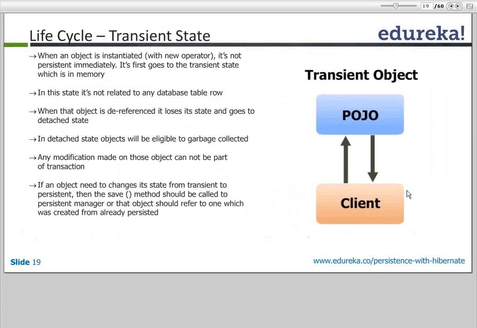So it's called transient because it's possible that we might lose it, we might not need it, or it's possible that we could persist it. But at this point, any changes that you make to this user object before you actually call save on the session with a reference to this object are lost.